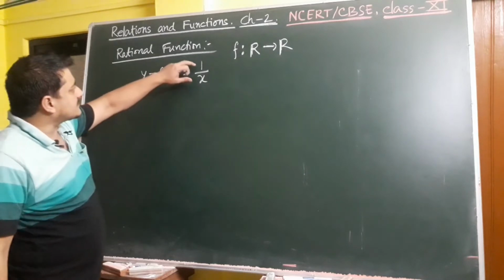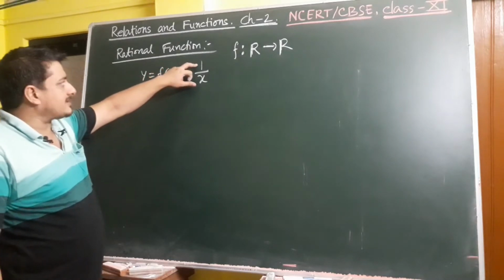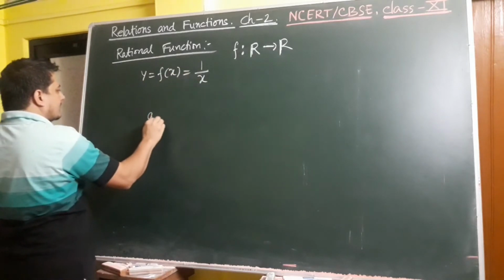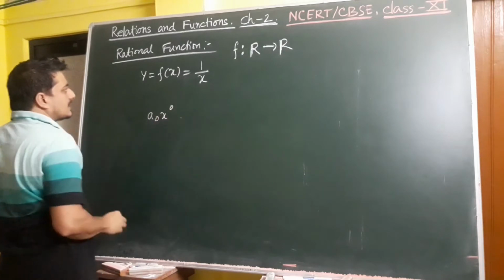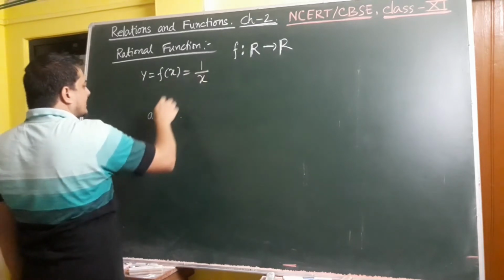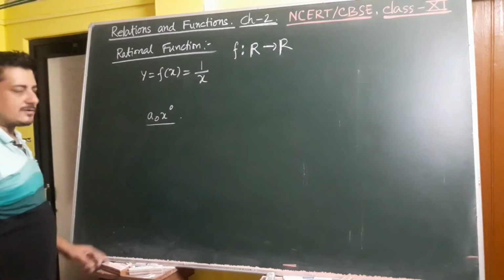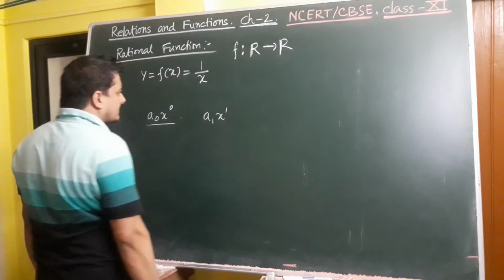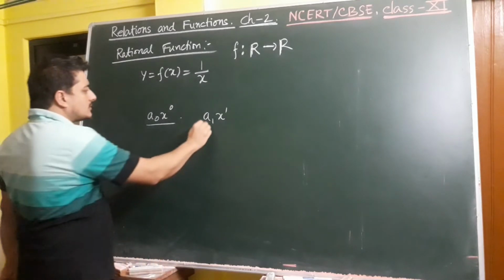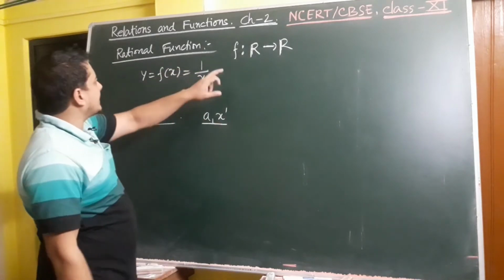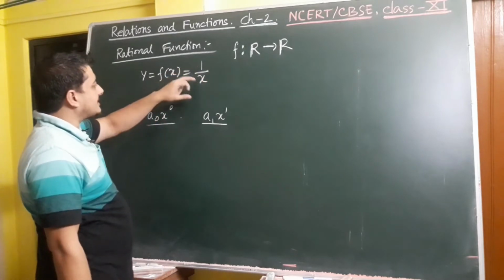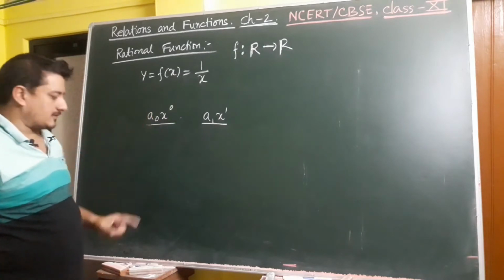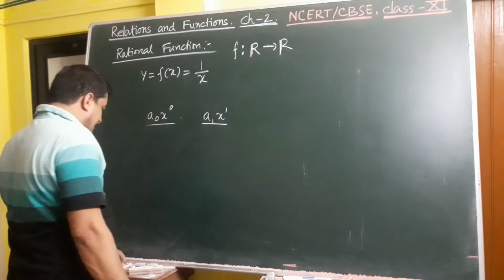You can see this one is a polynomial function, because the numerator is in the form a0 x raised to 0, and the denominator is in the form a1 x1. So both numerator and denominator are polynomial functions, and x should not be 0, then only it will be a rational function.